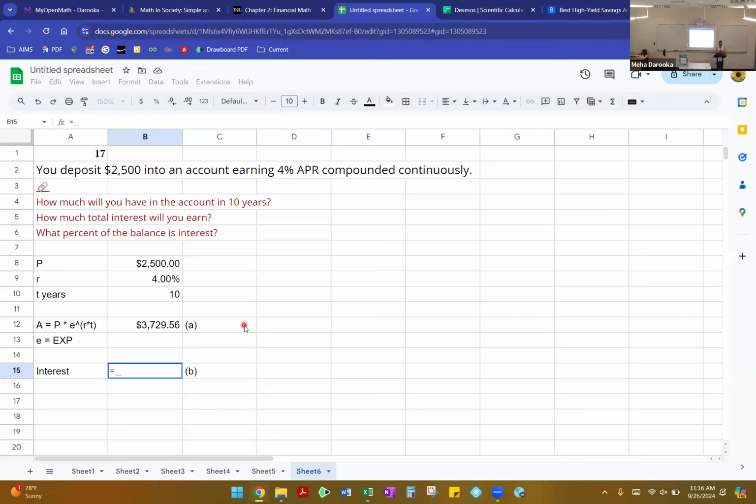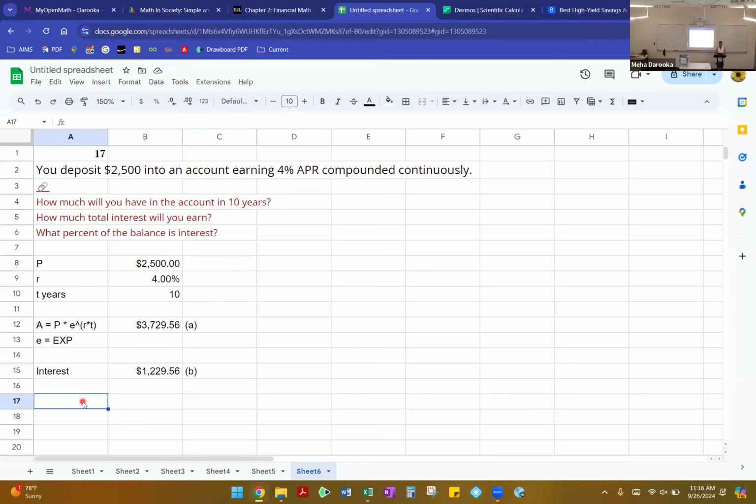Yes. I think so, 37 minus 25, right? Should give us 1,100 and some leftover change. So you're taking A minus P. Remember, that's always how you come up with the interest calculation. So $1,229.56.